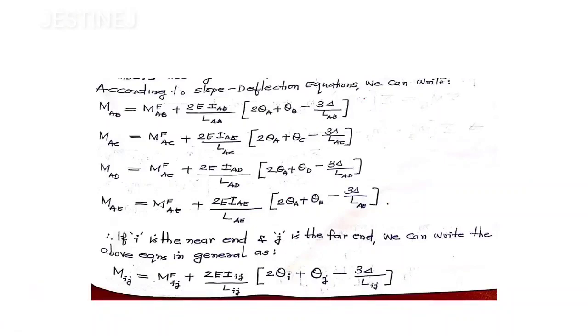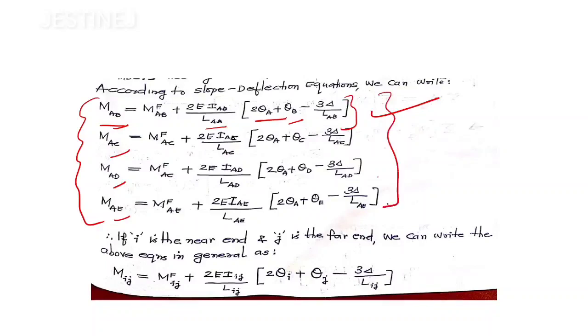We already know that for the member AB, M of AB equals M of AB fixed plus 2EI of AB divided by L of AB, multiplied by 2 theta A plus theta B minus 3 delta by L of AB. Similarly you can apply this equation to the rest of the members, that is AB, AC, AD and AE, very easily for each span length.